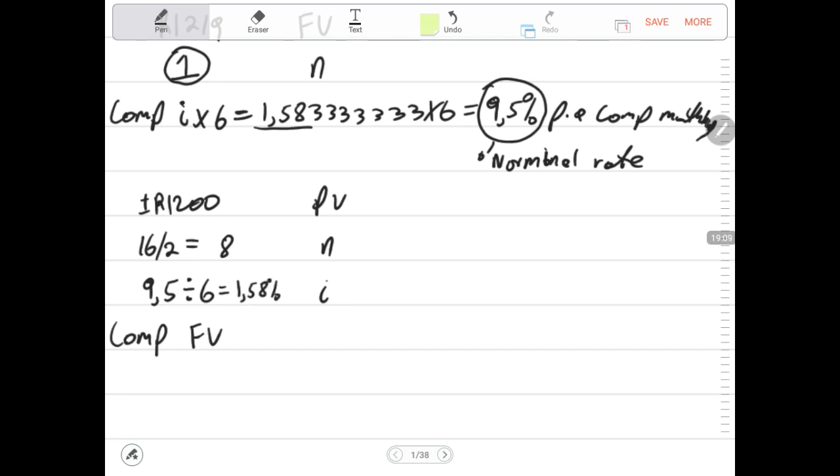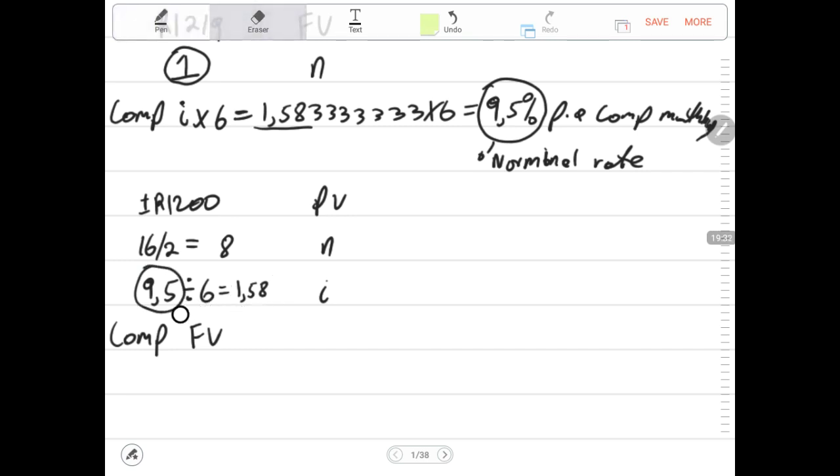We don't put the percent sign, the calculator knows that it is a percentage. You know that this interest is for 2 months. This one is for the whole year, compounded monthly. When we divide by 6, we get interest for every 2 months.